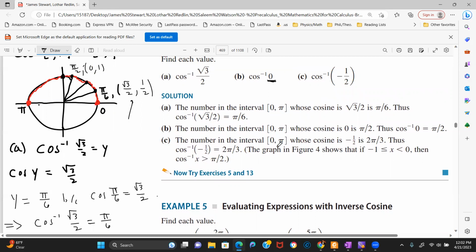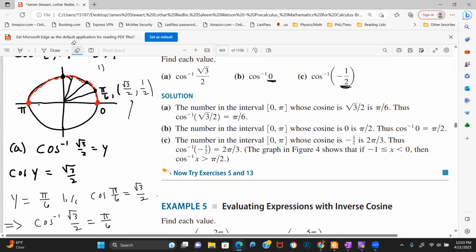Okay, so now this last one, cosine inverse of negative 1/2. So we're talking about an x coordinate that's negative 1/2. That means we're in the second quadrant, as that's where the x values are negative. So we have our 3 points. But actually, I don't even need to draw them. All I need to know are the coordinates of pi over 6, pi over 4, and this one right here.